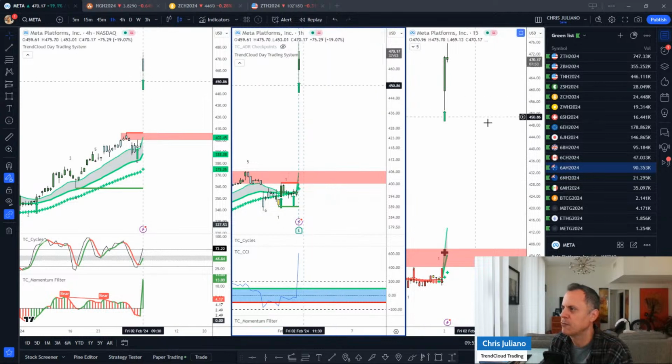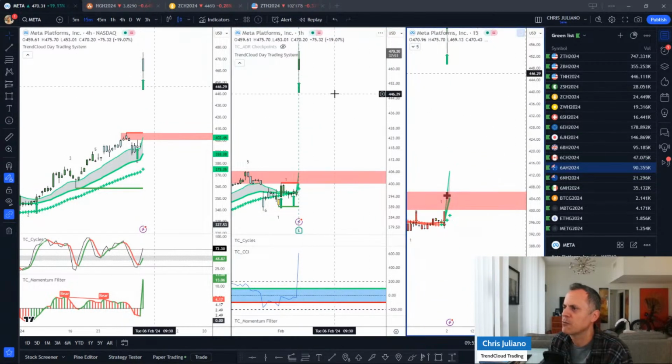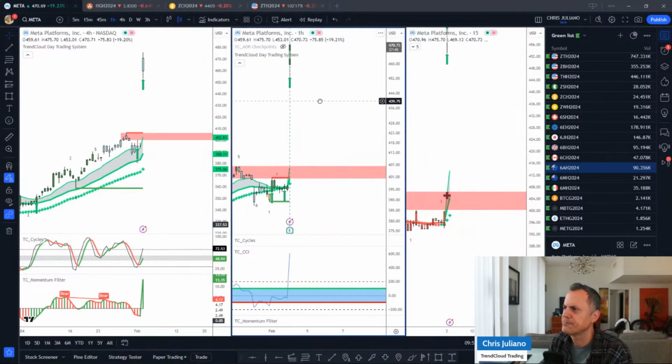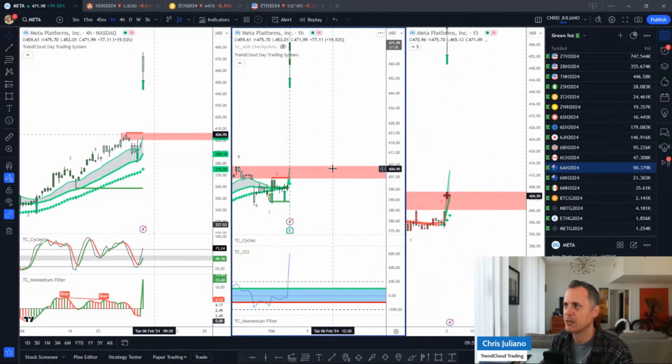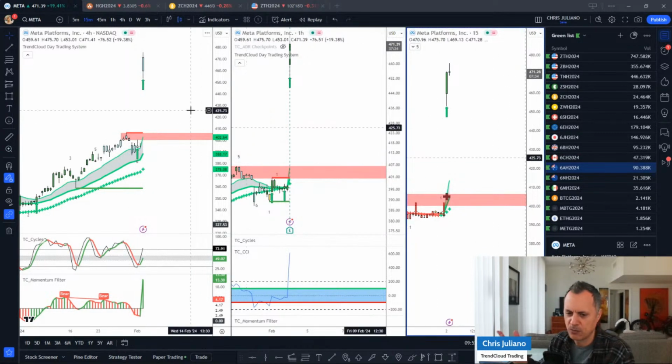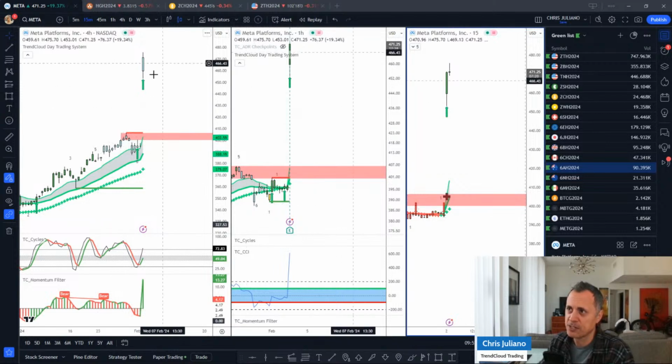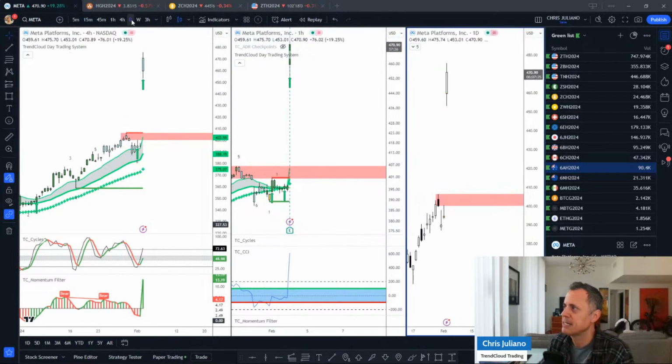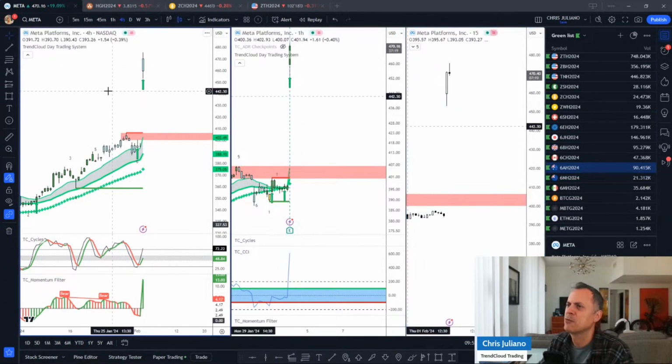Now we're looking for some kind of gap fill, where price comes back, fills this gap somewhere in this area to make the move up. There's no way you would predict something like that. We're super extended on that daily chart or 4-hour chart.